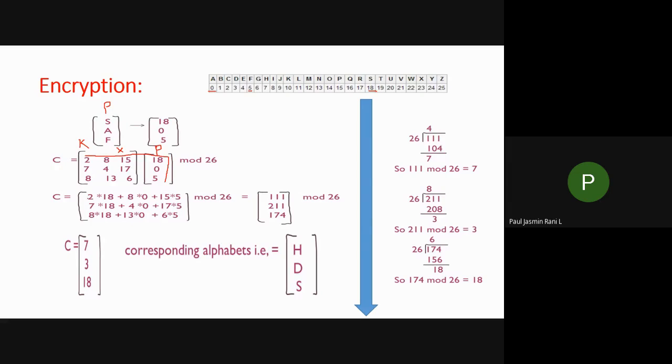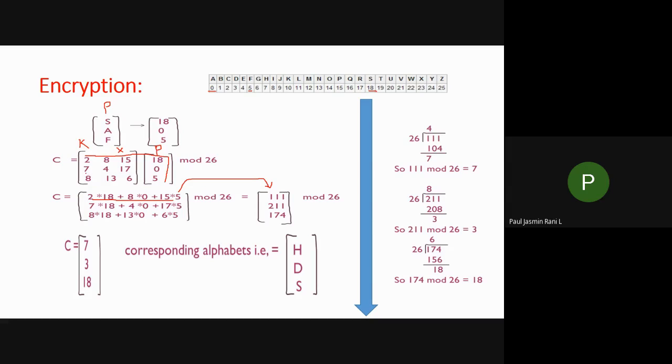This is how you fill the first cell. When you do this, you get the answer 111. This is your first answer. Side by side, try to do this in your notebook.